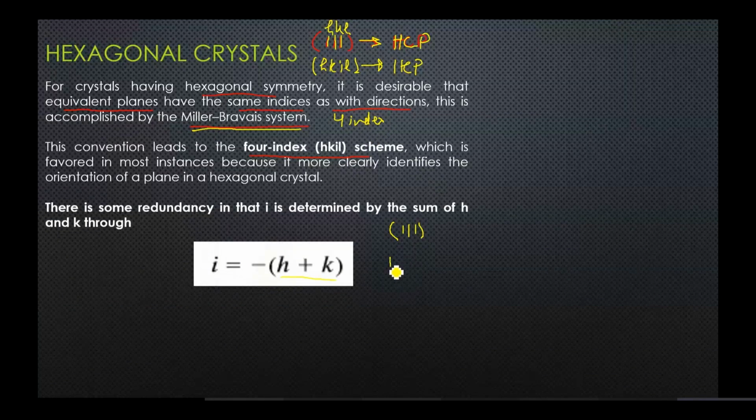H would be the same, K would be the same, I would essentially be 2 bar, and L would remain the same. So only I is added for a 4 index system, which is the negative sum of H plus K. Clear enough?